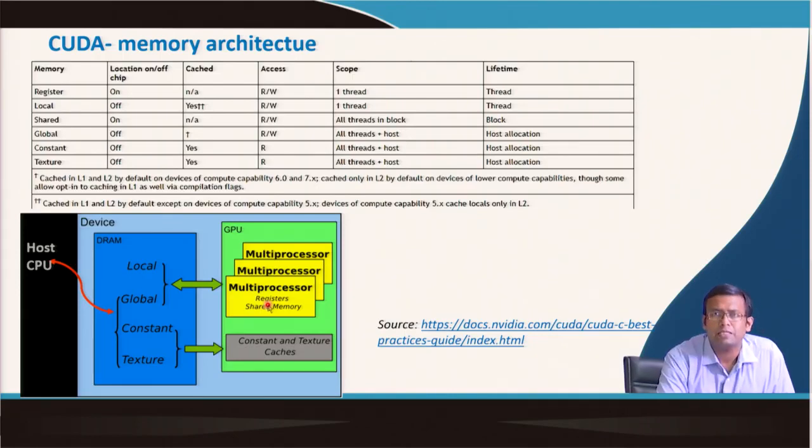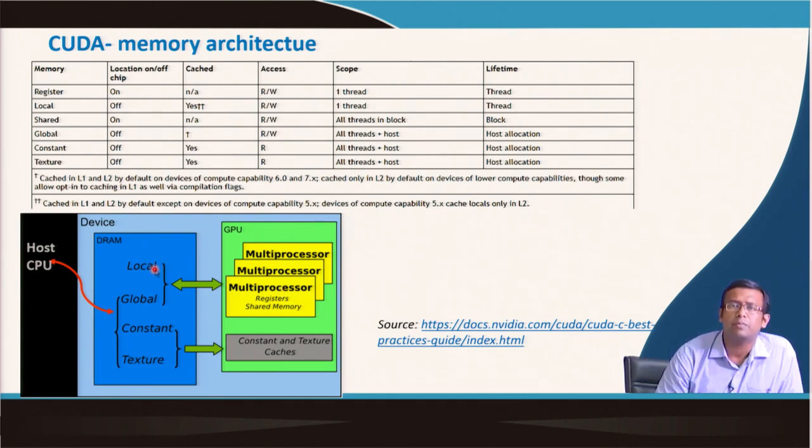In terms of latency, registers and shared memory variables have less latency because they reside exactly on the multiprocessor. The multiprocessor can very quickly access data from there. But the main global memory, as well as local memory, which is memory associated with each thread, does not reside on the multiprocessor; it is on the device RAM. So accessing the local and global memory has high latency.